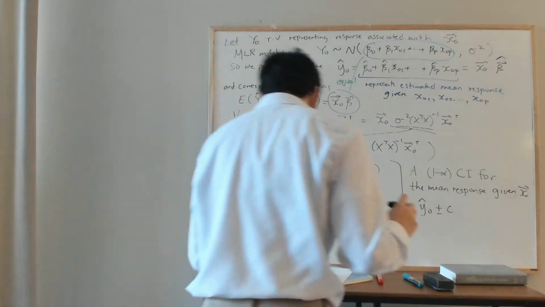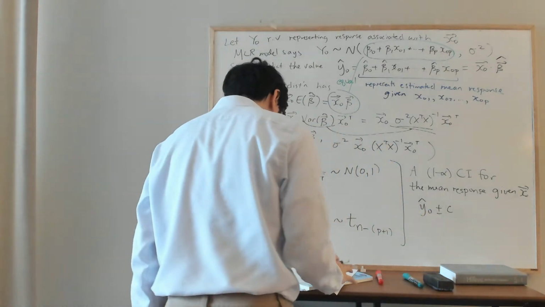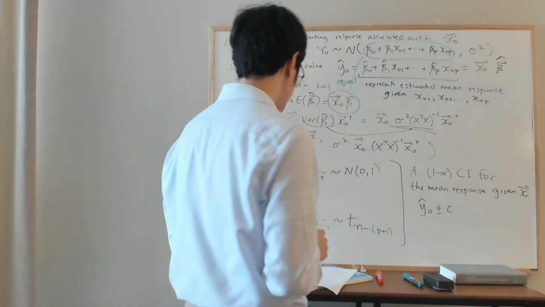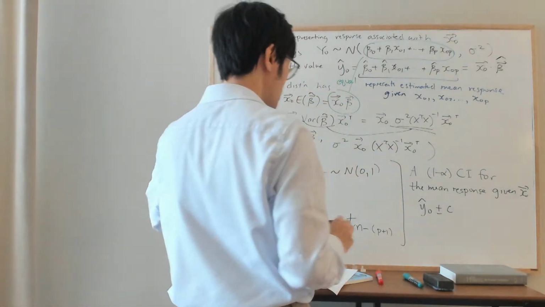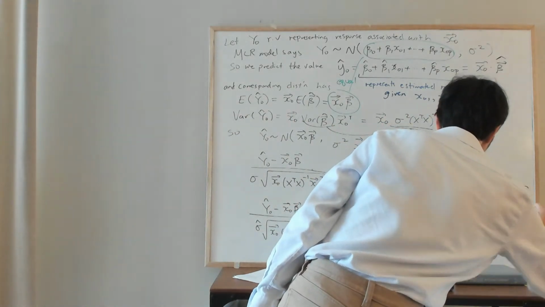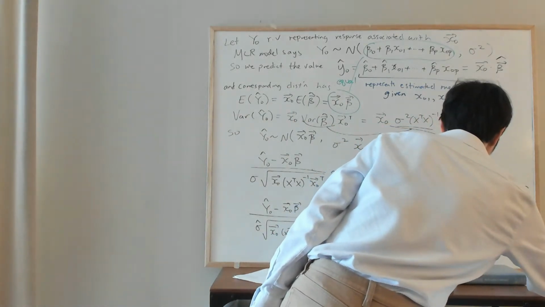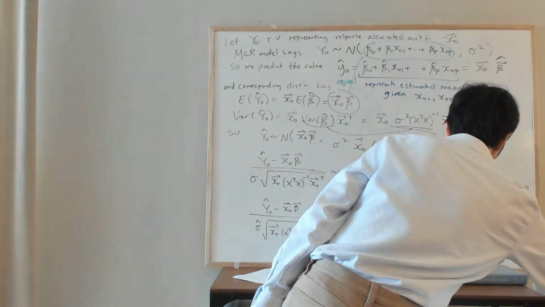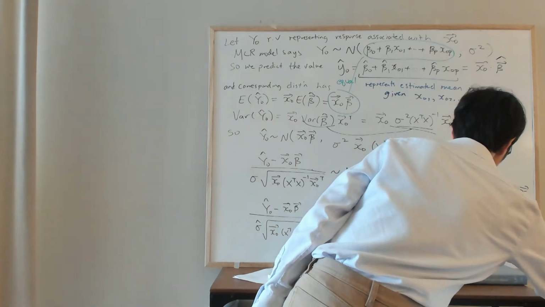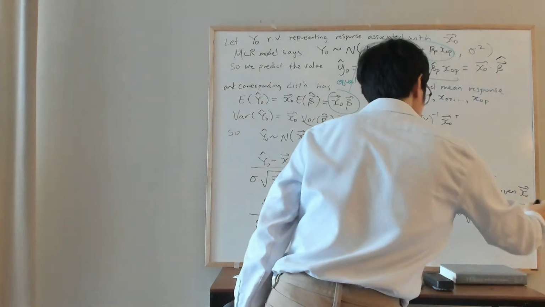And then we put in the standard error, which is this whole thing: sigma hat times the square root of x0, x transpose x inverse, x0 transpose.